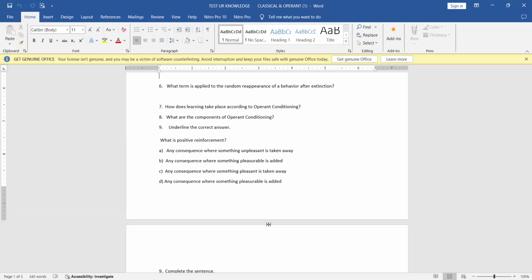Second one, madam. Yeah, D. You're correct. Because it is reinforcement. For positive, you have to give something that the student likes. So it is D. Very good.